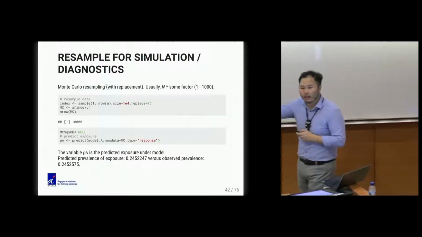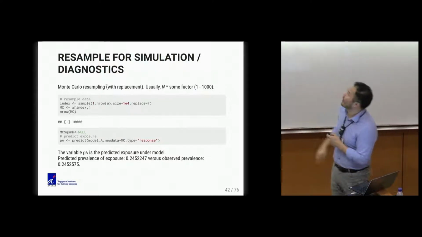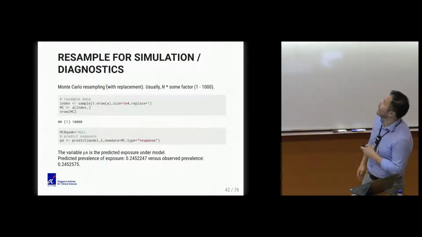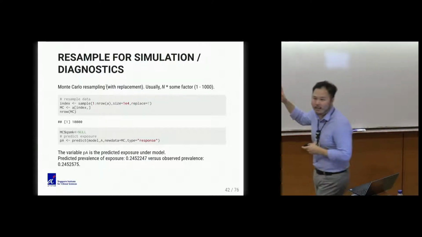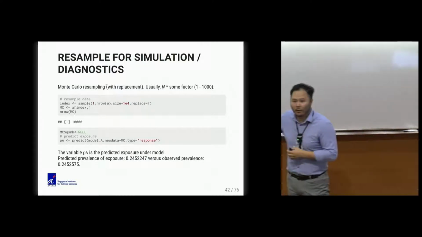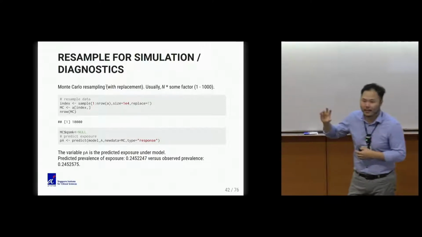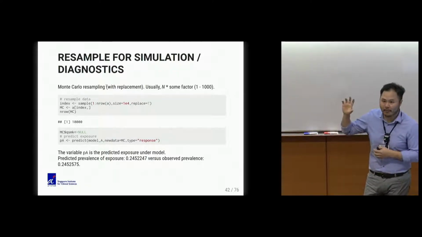Taking all the covariates, we create a random sampling number for them, and then we draw a sample set. And we see it's 10,000. So this is 10,000 samples from our original data with resampling, meaning each person can be sampled more than once. This is a basic principle of Monte Carlo sampling.